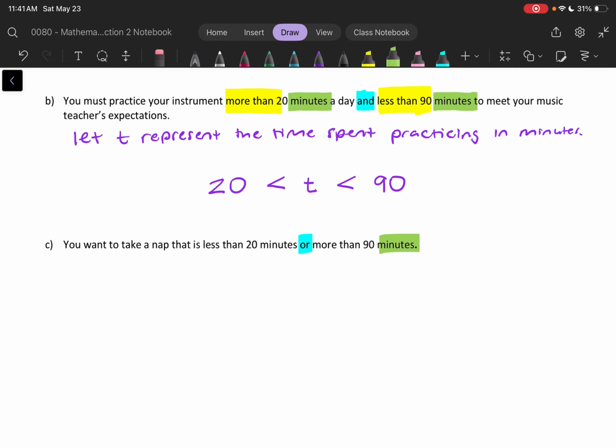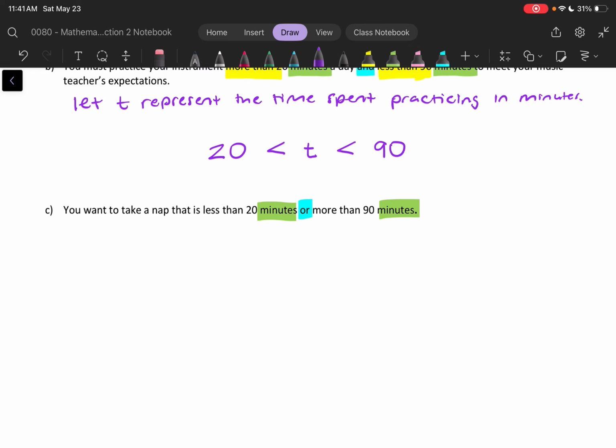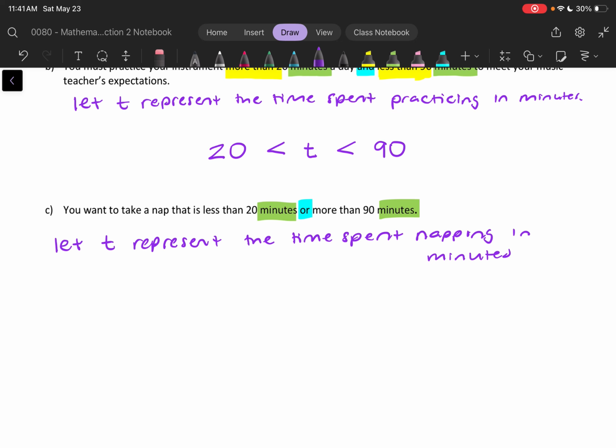And again, I'm using my units to help me define my variable. Once again, we've got time, but this time we're still going to use T. So let T represent the time spent napping in minutes. Okay, in or situations, we are tackling each inequality completely separate, and we're writing the word or in between.